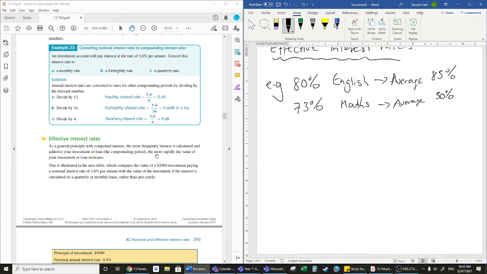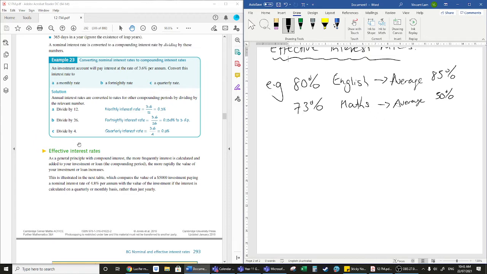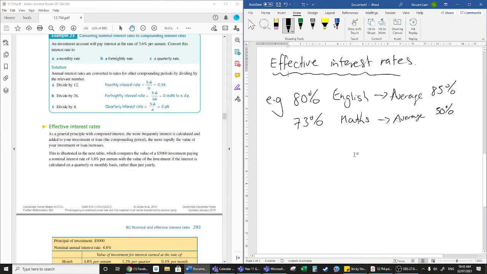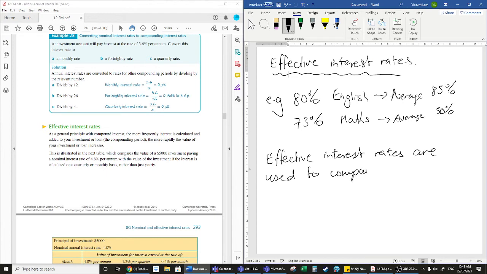In terms of interest rates, we need to convert them to something called effective interest rates. Effective interest rates are used to compare which is better.